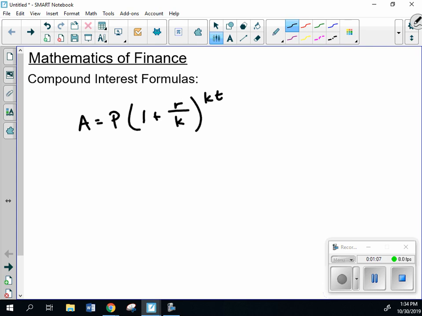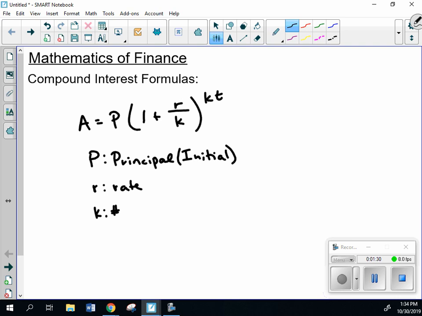Okay, so let's talk about what these different things are. P represents the principal, otherwise known as the deposit or initial. R represents the rate. K, in this situation, is the number of times compounded.